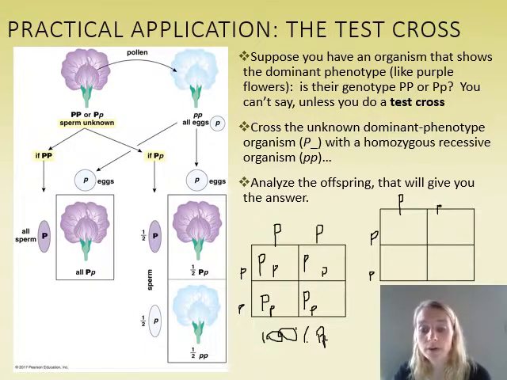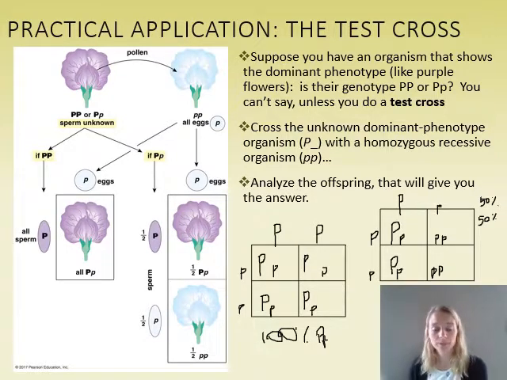If we go over here, we have our heterozygous crossing, lowercase p, and then we have two lowercase p's here: the dominant with the recessive, and then recessive, recessive. Okay, so in this case, we have 50% homozygous recessive and 50% heterozygous purple.